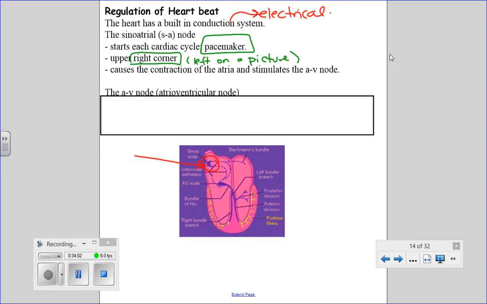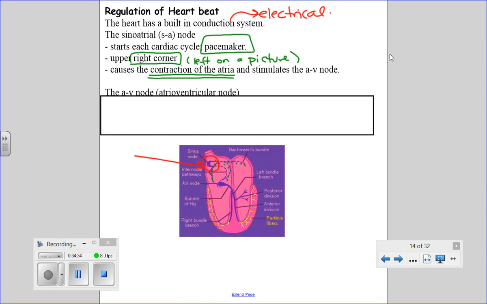Now what does it do? It causes the contraction of the atria. So when this node, this piece of the conduction system, is stimulated, it makes the atria contract. Now there are some names for all of these fibers, and the names are also beyond the scope of our course. But you could see, for example, this little dotted pathway that's going around to your left and right atrium.